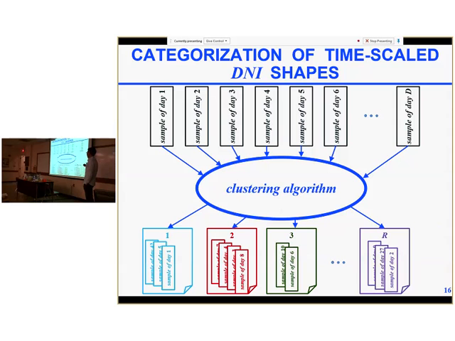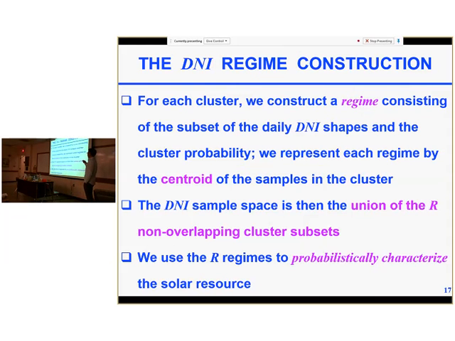In my work, I use a k-means clustering algorithm to divide the actual DNI shape collection into R different clusters. Each cluster is a subset of the collection with similar daily DNI shapes. For each cluster, we refer to the cluster and its probability as the regime.